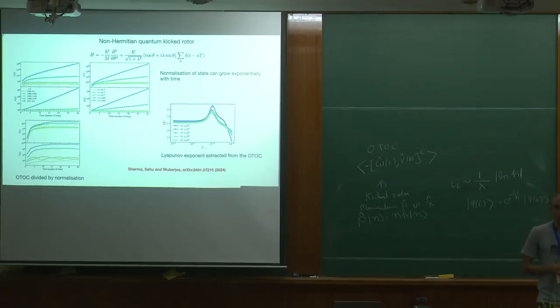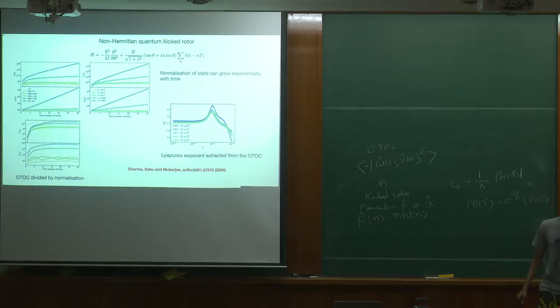For those of you who might have been exposed to PT symmetric quantum mechanics, P being parity and T being time, there are non-Hermitian systems which can have PT symmetry, and typically there is some parameter in the system which controls the amount of non-hermiticity, which in our case is this lambda.